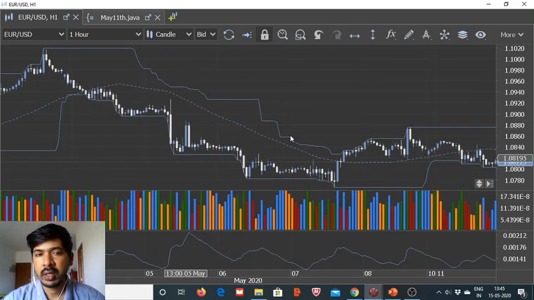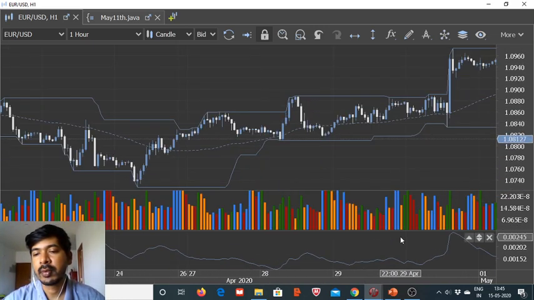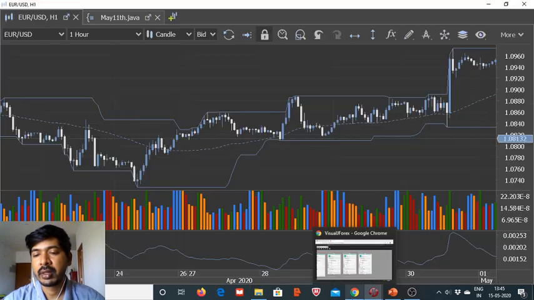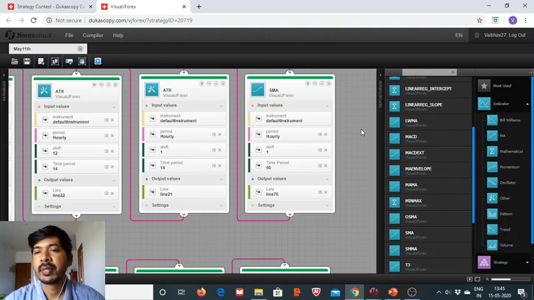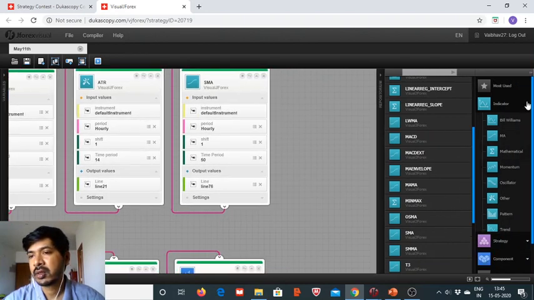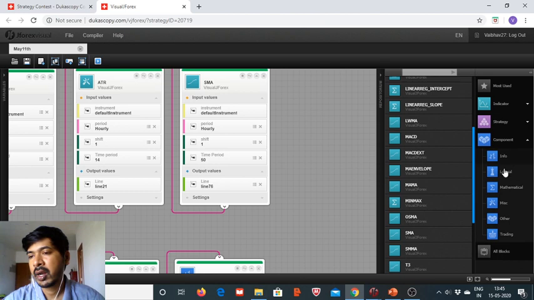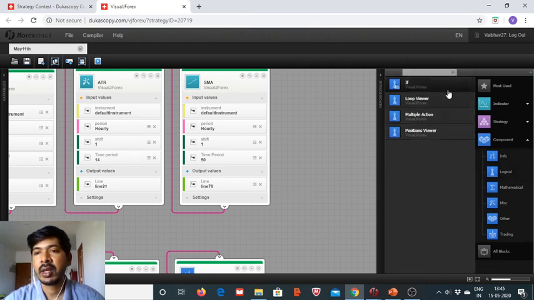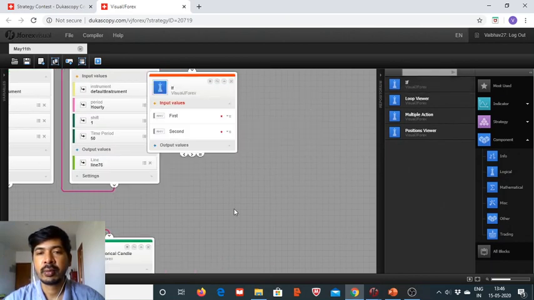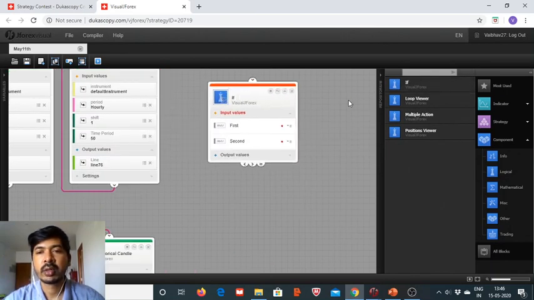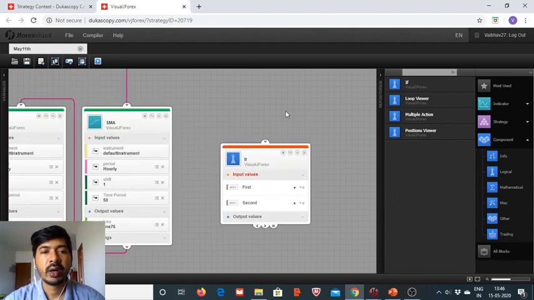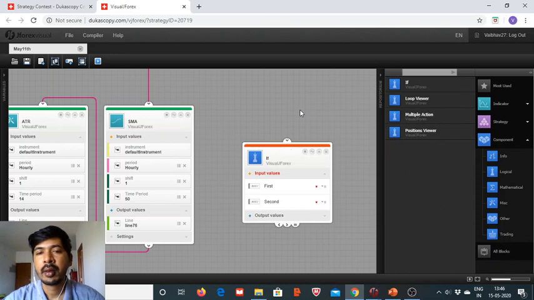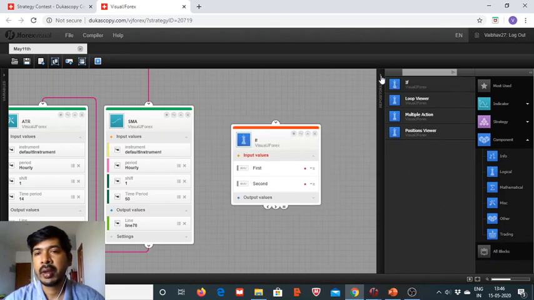So this is the basic idea. And now we head back to the Visual J Forex platform to do the comparative analysis, and bring in the if conditions. So we look at the info and the logical part. We take the if blocks, and for the if block we are going to need the minima to be compared.